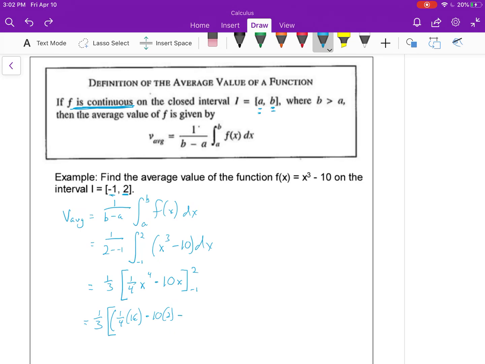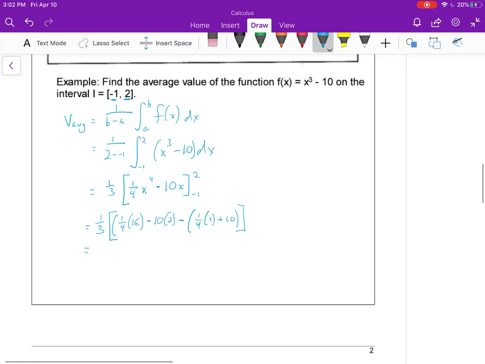And then minus, when we put in -1: 1/4, -1 to the 4th is just 1, minus, put in -1, 10 times -1 is going to be plus 10 here.